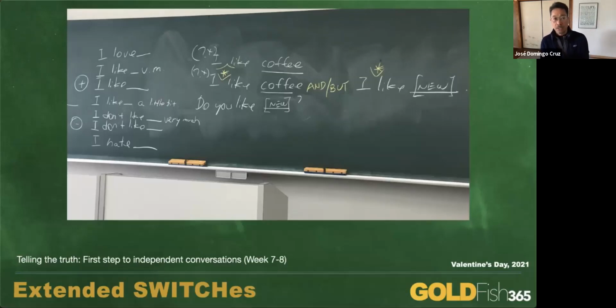I also teach them that over there on the left-hand side where you see those plus minus markers, I start teaching them how to make that sentence even longer, because if they like coffee very much, that's what the VM stands for, second from the top, then I'd just say, I like coffee very much. You know that grammar, but I know what's hard for you is that you've never said it like that.